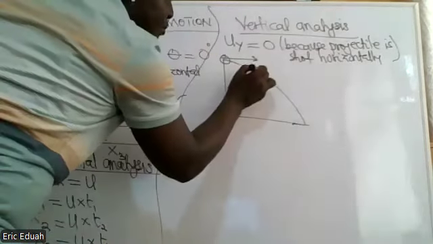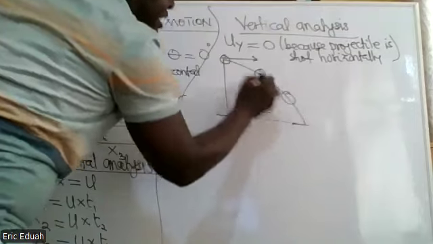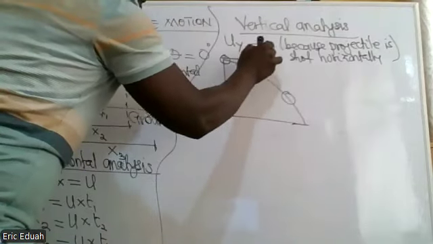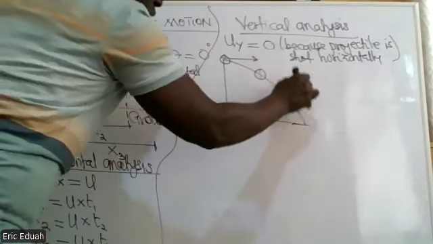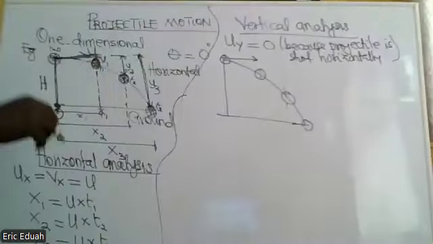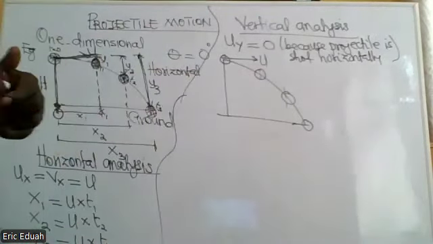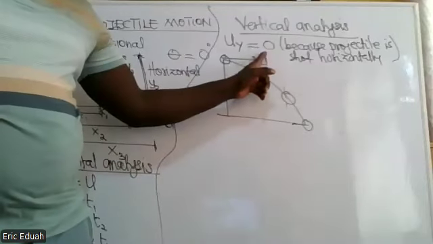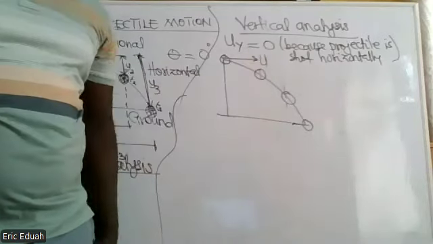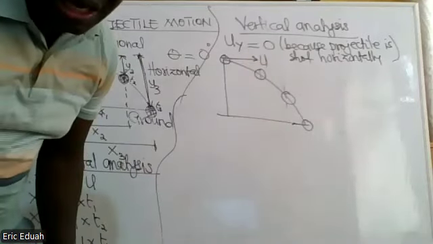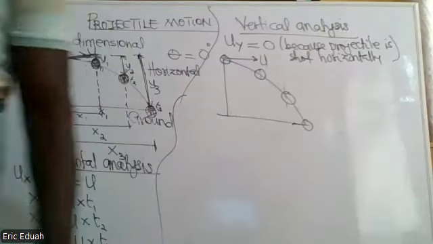But as time goes by, because of gravity, it will be pushed down. So it drops. Initially the velocity is 100% horizontal, so that's why the vertical component is 0. Class, are we okay? Yes, sir, and the rest of you.